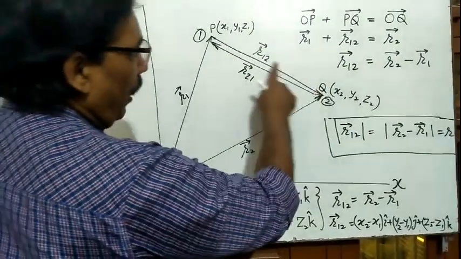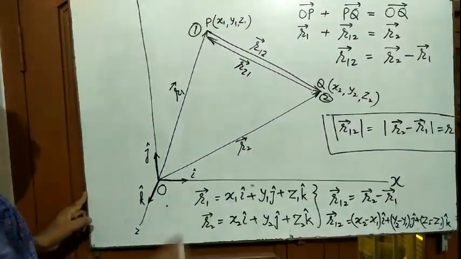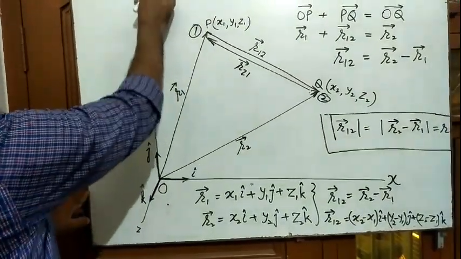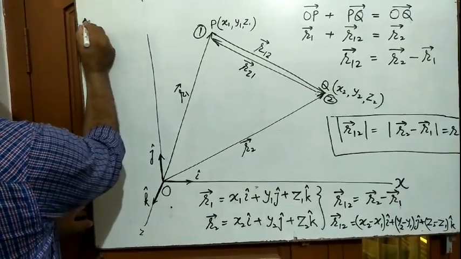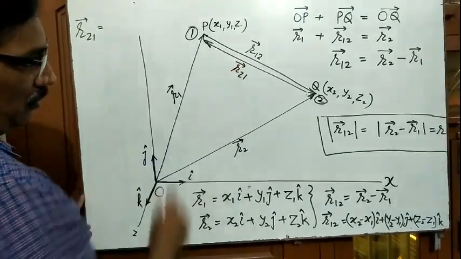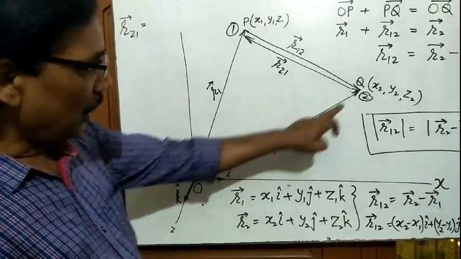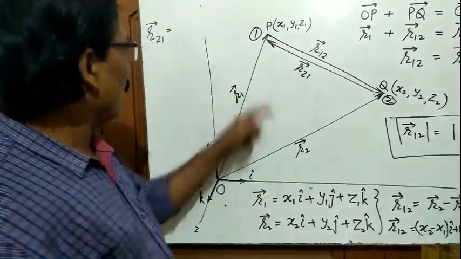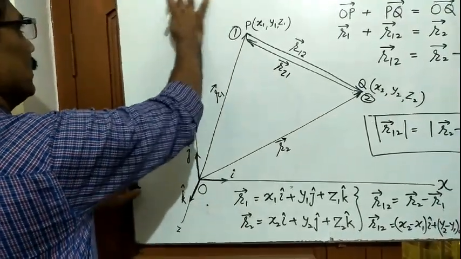So if you want to find r21, it will be r1 minus r2. If you apply triangle law of addition, you will write r2 plus r21 is equal to r1. Apply the triangle law of addition of two vectors.